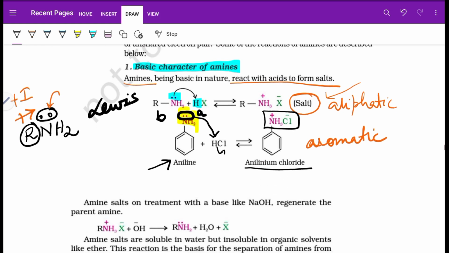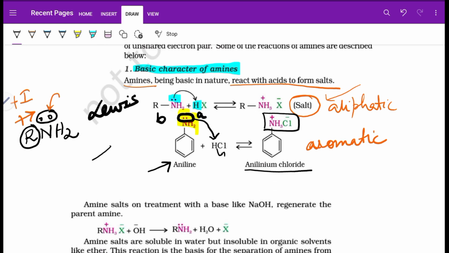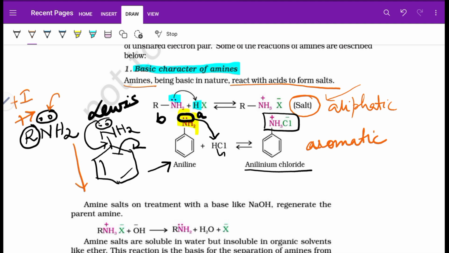Now, if I talk about aniline, which is again basic in nature, but it is an aromatic amine. Here the nitrogen atom has a lone pair above it, which is engaged in resonance with the benzene ring, with the aromatic ring, because it is in conjugation. And on account of this is the plus R effect, which increases the electron density over the benzene ring.